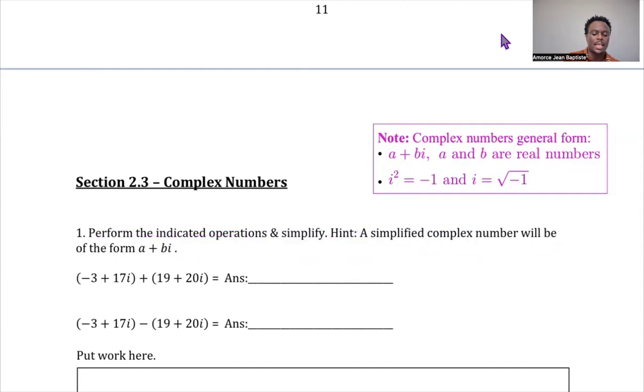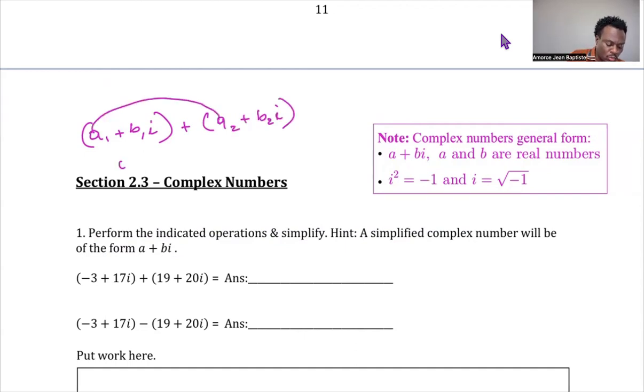If you're adding two complex numbers, a1 plus b1i with a2 plus b2i, the sum will be a1 plus a2 plus b1 plus b2 i. But obviously we need to simplify.